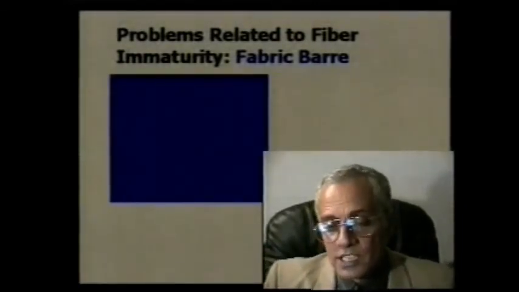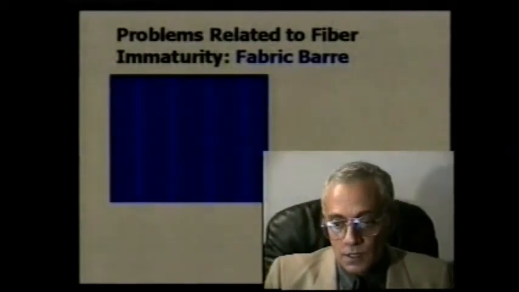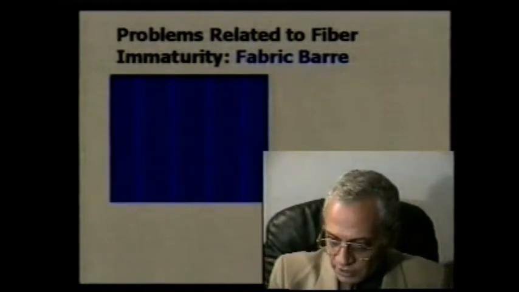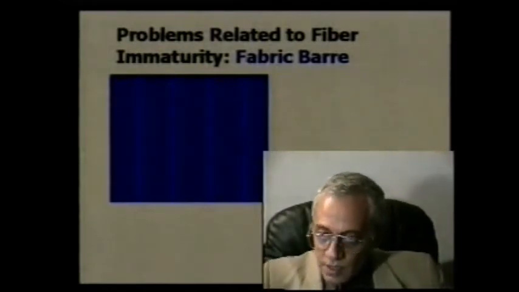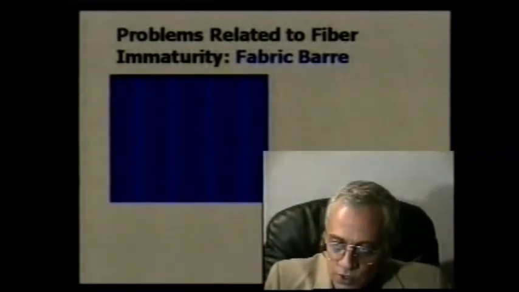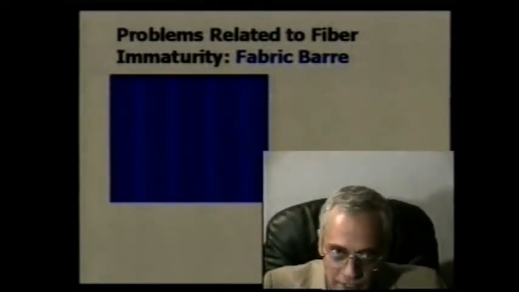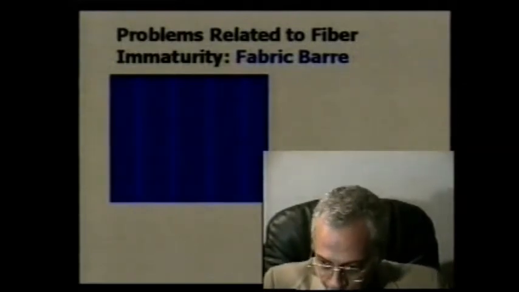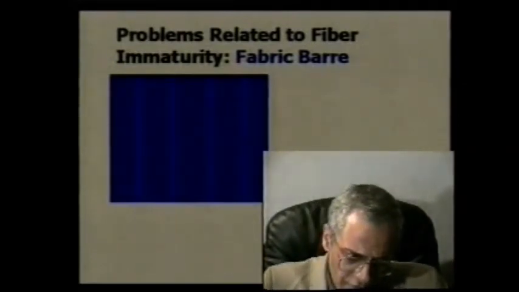That leads us to another problem, fabric barré. These are defects characterized by textural bands or color bands in the course direction of a knit fabric or in the filling direction in a woven fabric. Fabric barré is a major issue.